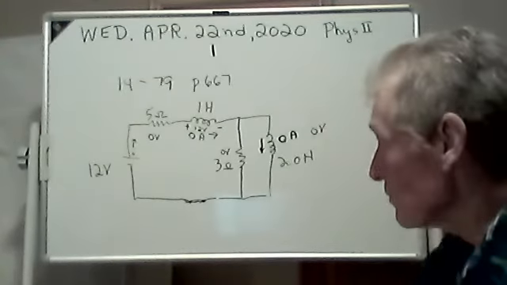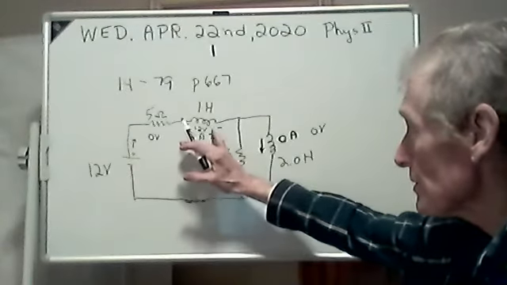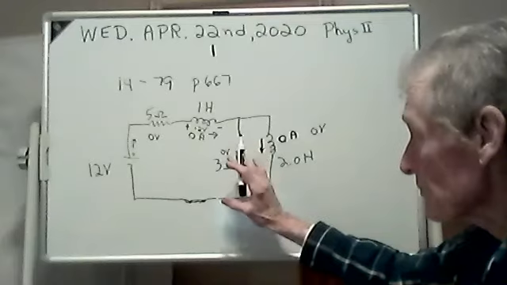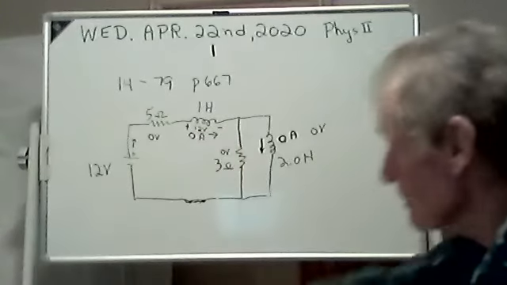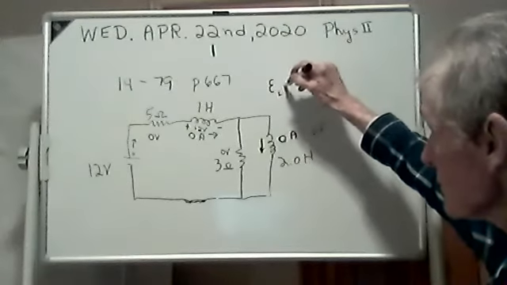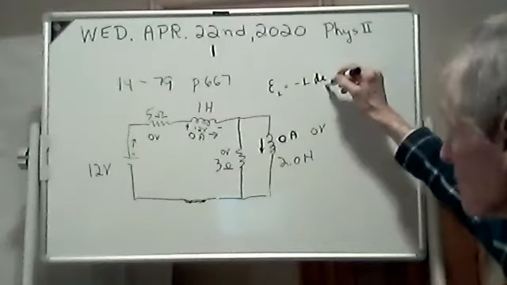But see, after a while, the current will build up and it will be steady. And once it reaches a steady constant value, the voltage on the inductor is given by this here.